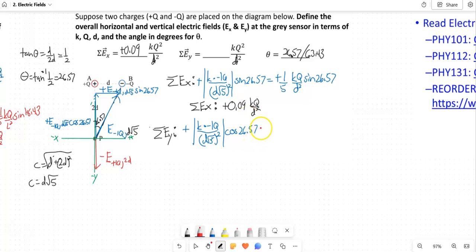Now we're going to be subtracting from that the positive 1q over 2d that we're squaring.